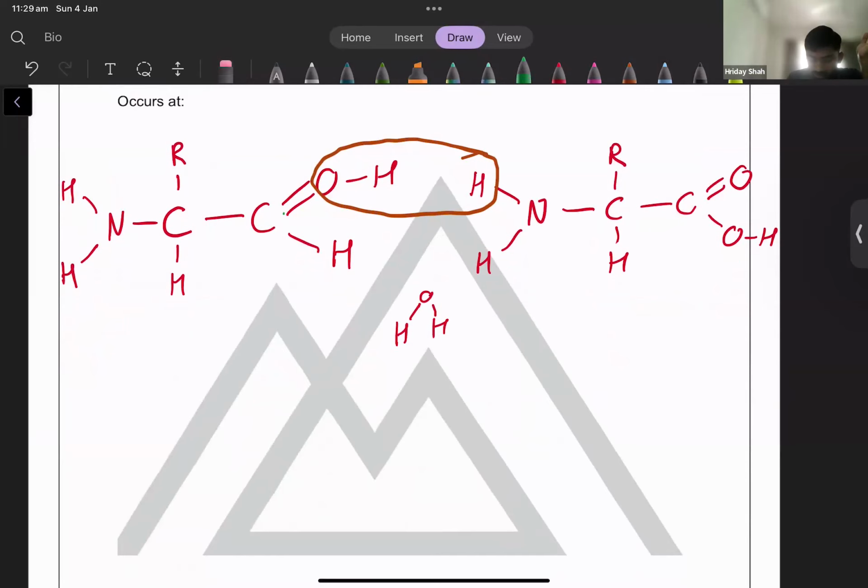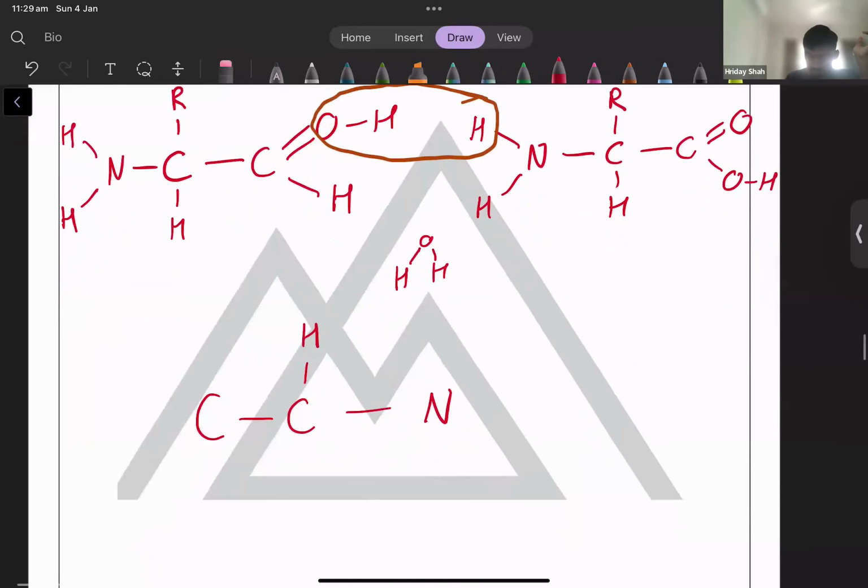Now, the bond then, carbon and nitrogen, they will bond together. So if I draw how that looks like, carbon, carbon, oops, sorry, nitrogen, hydrogen goes to the top.